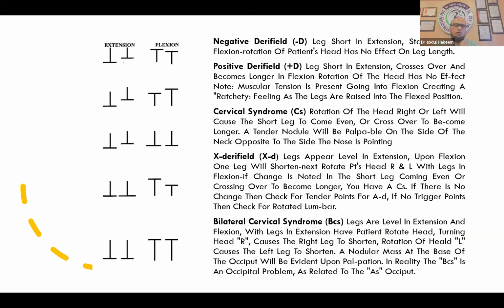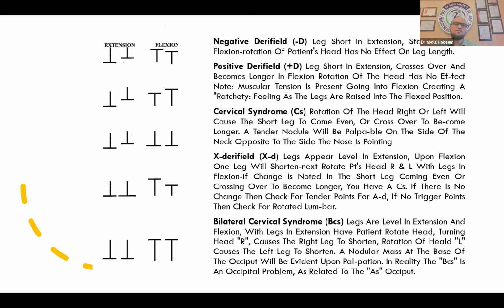It may be short to the right as well as to the left. But keep one thing in mind: during right rotation, if the right leg becomes short, and during left rotation, if the left leg becomes short, it means the patient has bilateral occipital syndrome.